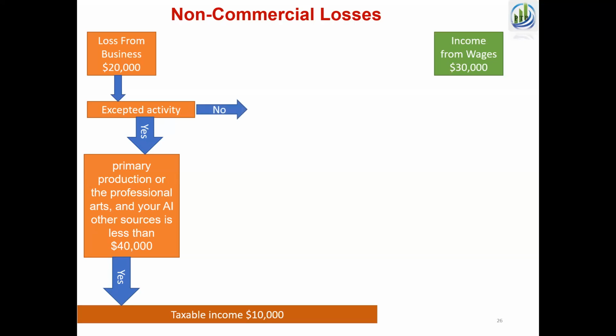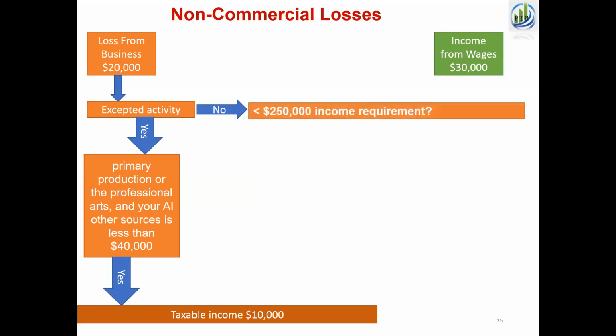You are not in primary production, or you do not meet that condition, say you are a bookkeeping business, or your other income is more than $40,000, so you do not come under the excepted category. We should do the other test, the $250,000 income requirement test.